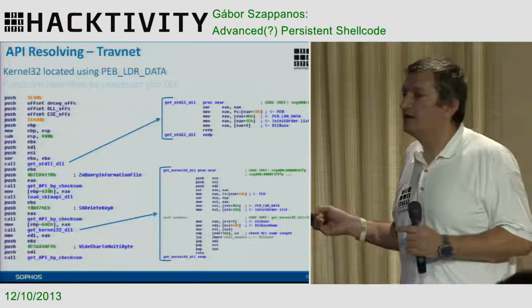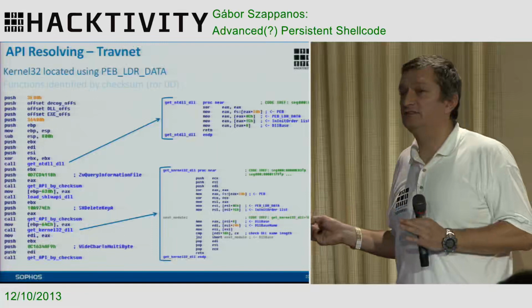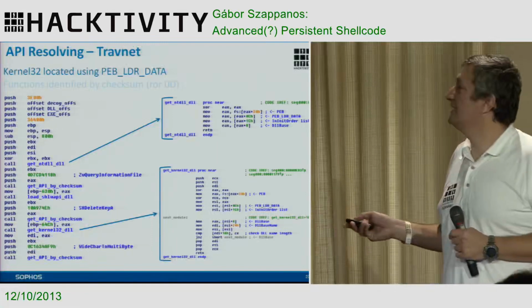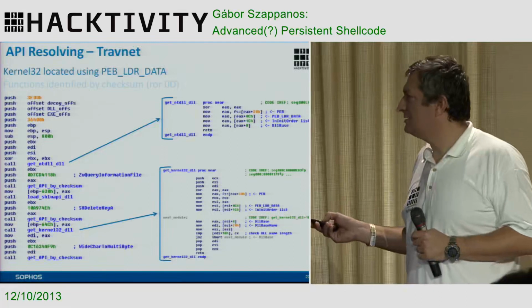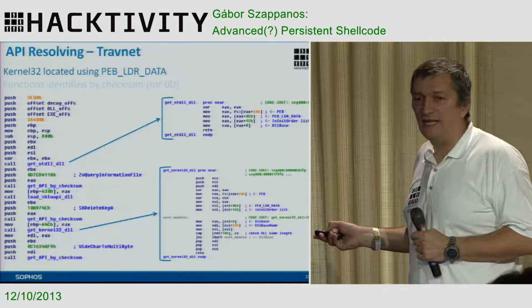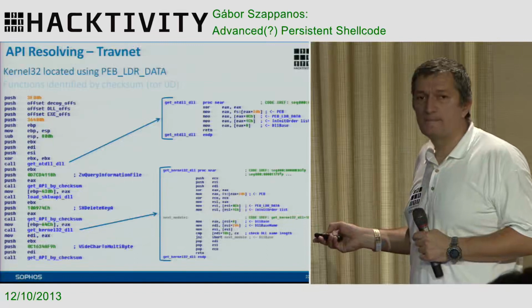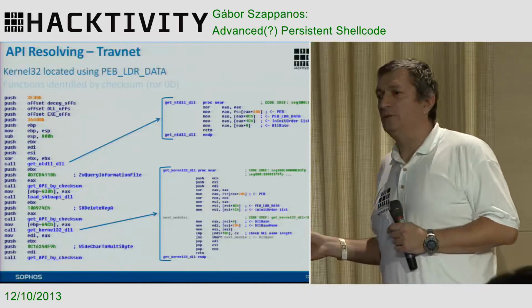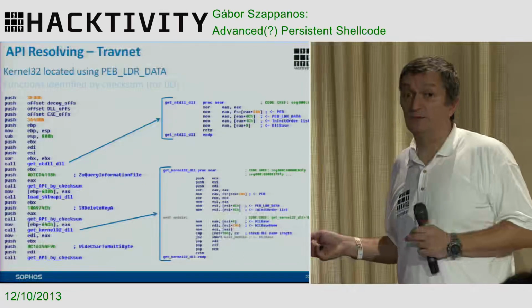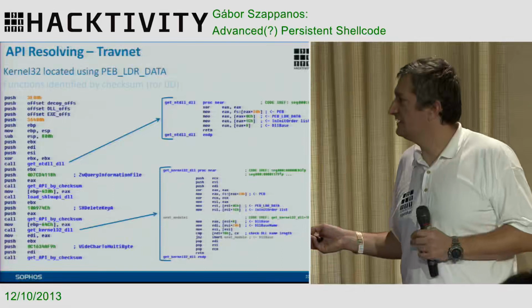The ntdll is loaded by the assumption that it will be the first element. Kernel DLL is loaded by the assumption that, checking the length of the DLL name, it will be exactly the length of the kernel32 DLL name, the name of the DLL file.